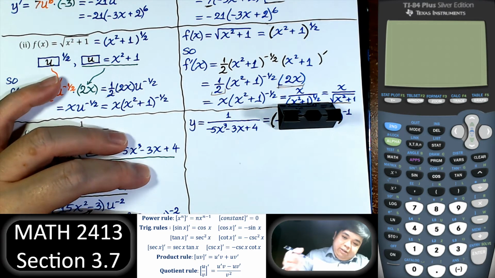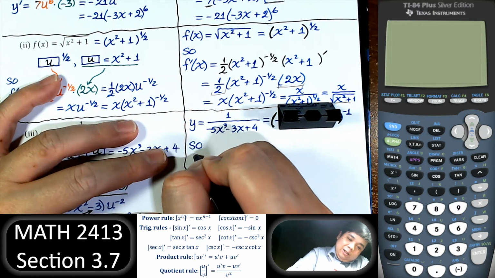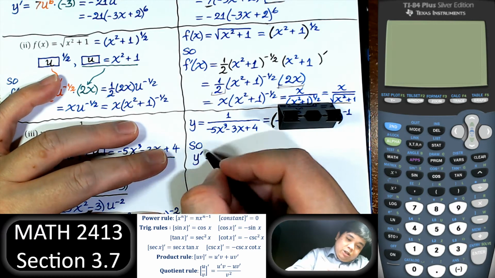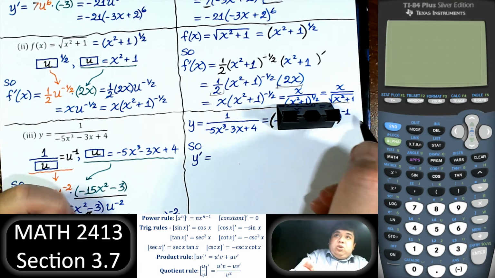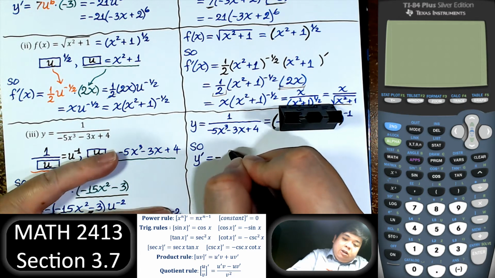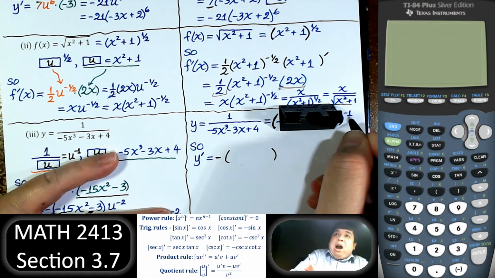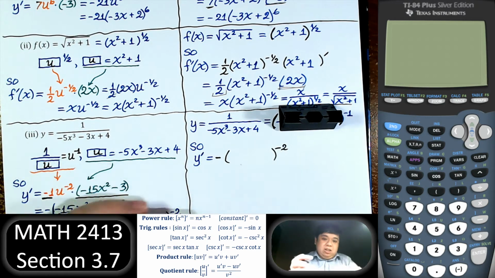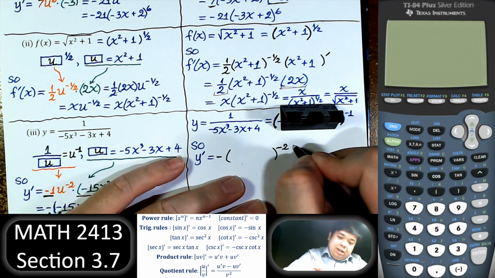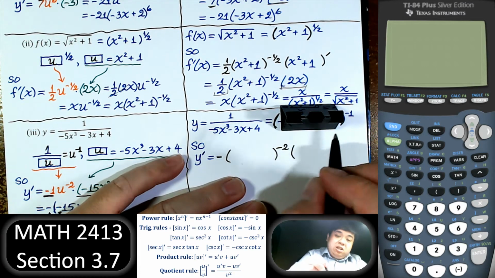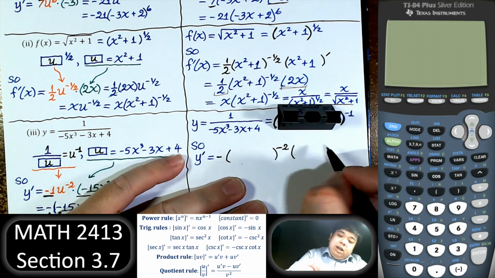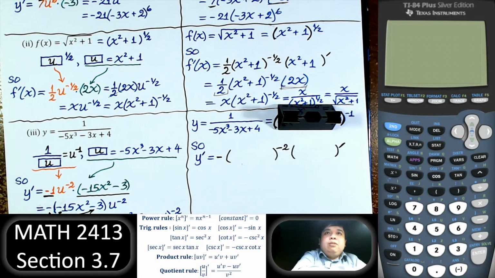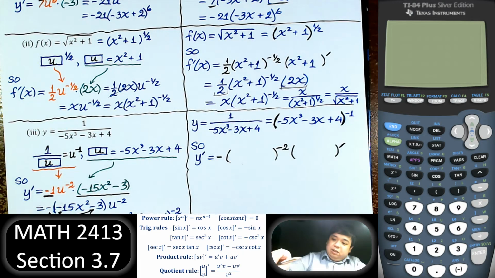So for the derivative, it doesn't matter what's inside the parentheses. We're just going to say the derivative of something, a parentheses to negative 1, is negative 1 times the parentheses to the original power minus 1. That gives us minus 2. So that is the derivative of the parentheses. If we treat the parentheses as a variable, that's what we have. And then the chain rule says we have to take the derivative of the parentheses itself. Right.